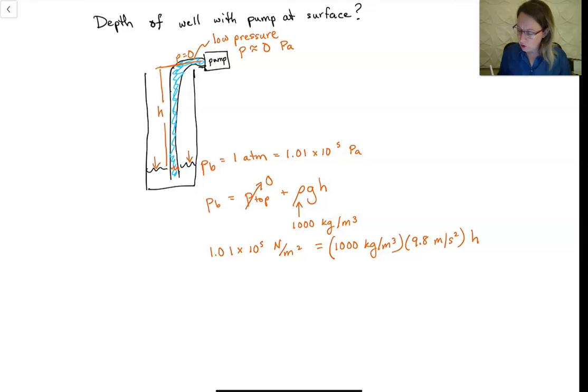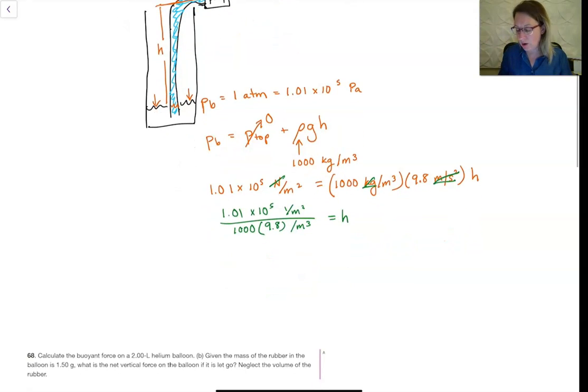Okay, so kilogram times meters per second squared is newtons, so that can all go away. And then I've got meters cubed divided by meters cubed over here and a meters squared over there. So I'm going to divide this whole thing, 1.01 times 10 to the 5th per meter squared, all divided by 1,000 times 9.8. And then we're left with meters. So the units actually do work out.